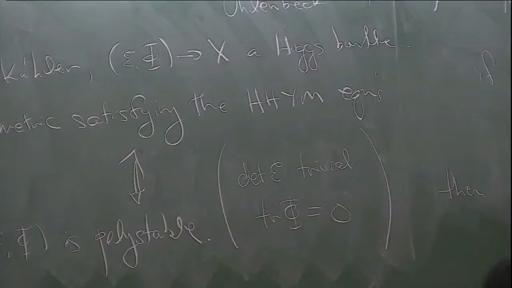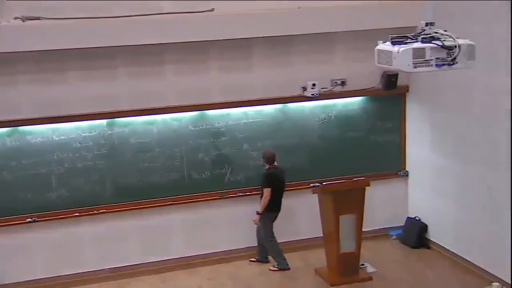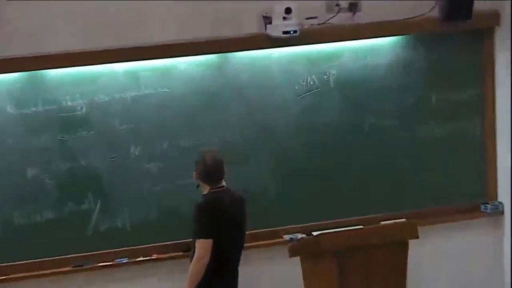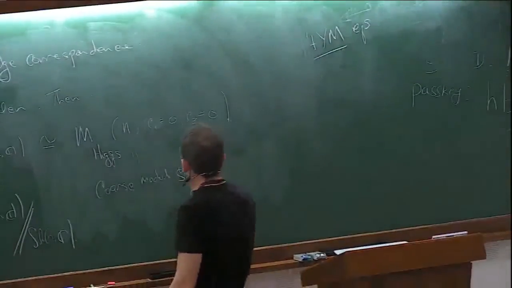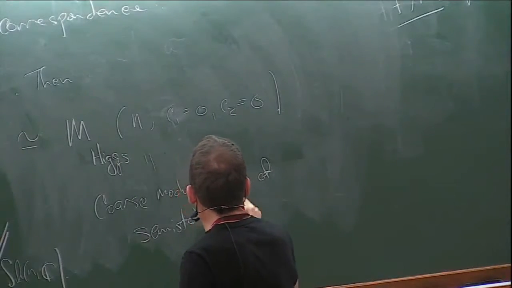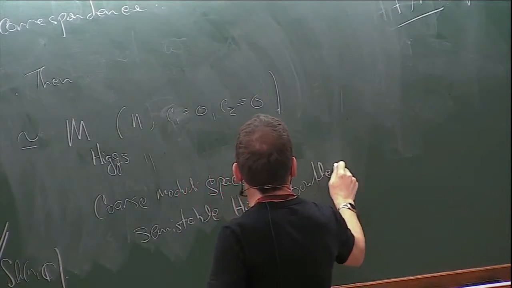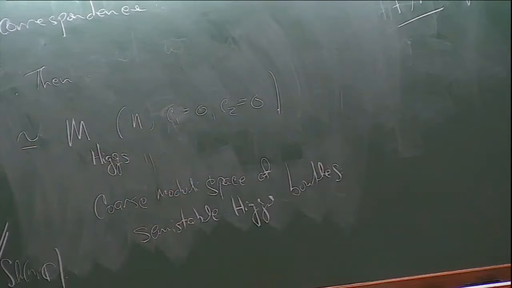And so this guy here is the moduli space of solutions to these equations. If X is projective, then this is a quasi-projective variety. So let me just say this is the coarse moduli space of semi-stable Higgs bundles satisfying all these conditions that we talked about.